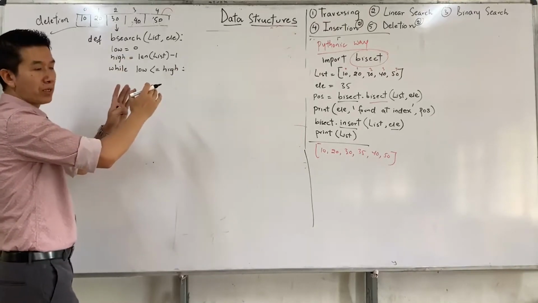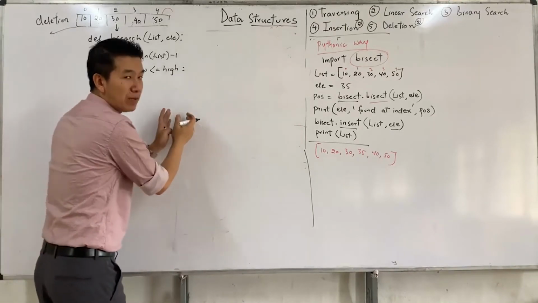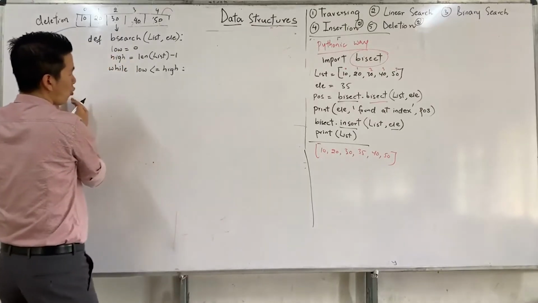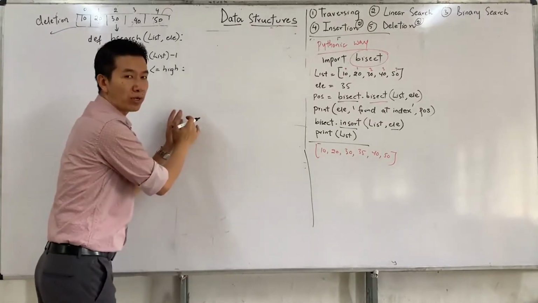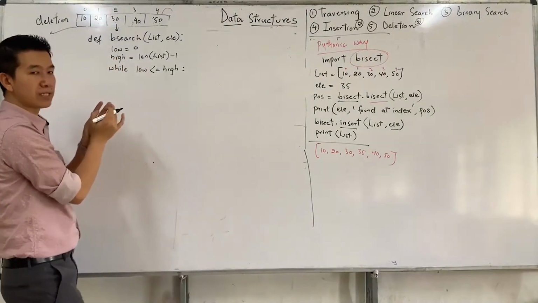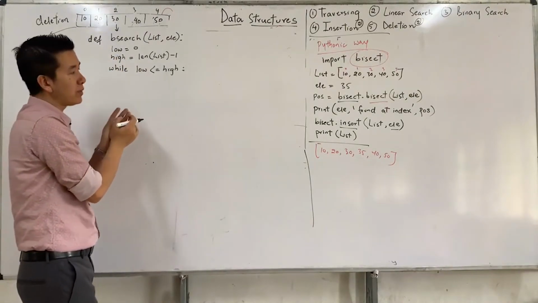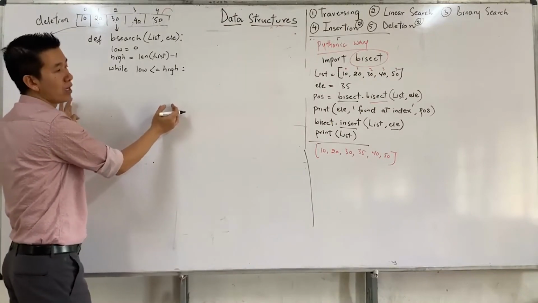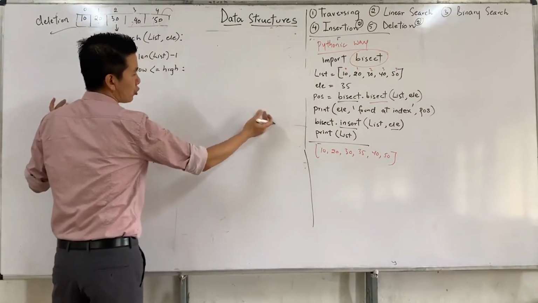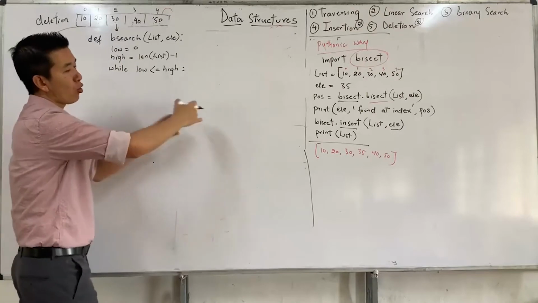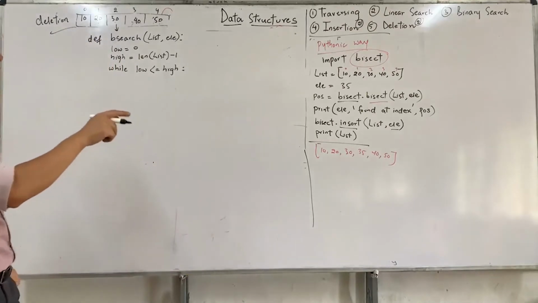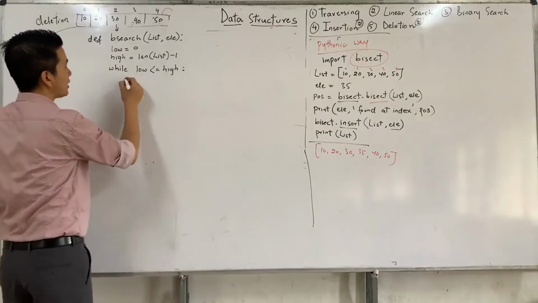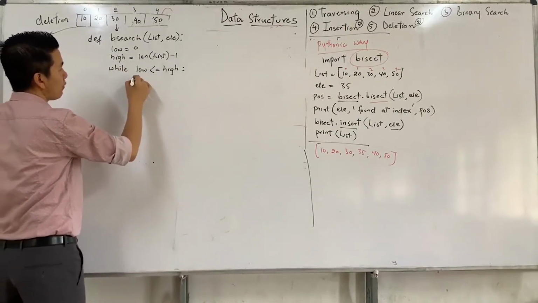If it's greater than the middle element, then it means it's in the later half, so I change the low value to mid plus 1. If the element is less than the middle element, then it means the element is in the former half, so I set the high value to mid minus 1. This will go on until the program manages to pinpoint the index value.